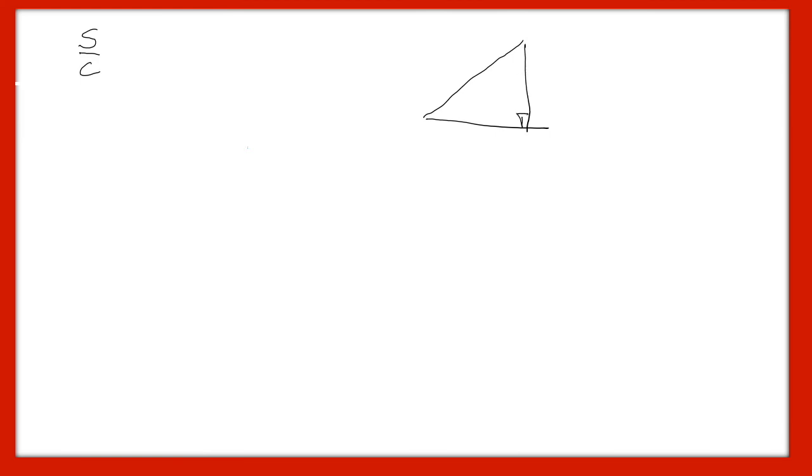So I'm going back to my right angle triangle again. I've got my angle theta here, and I'm going to stick with the lettering I had before, A, B, and C. I'm going to avoid the 1 in this particular case.